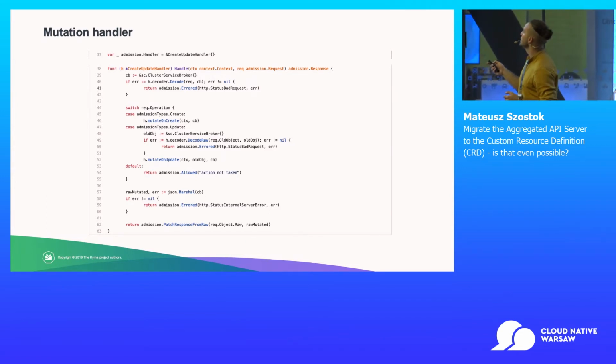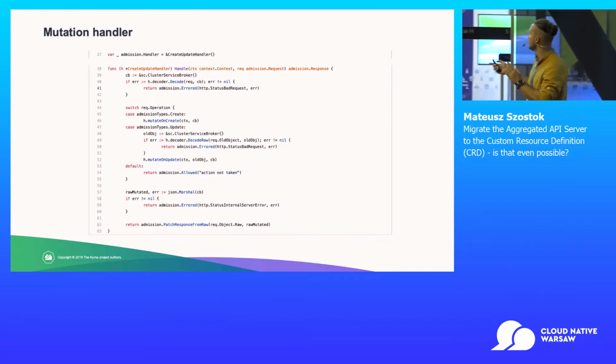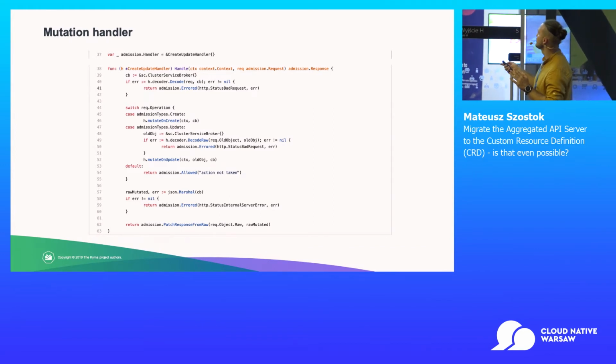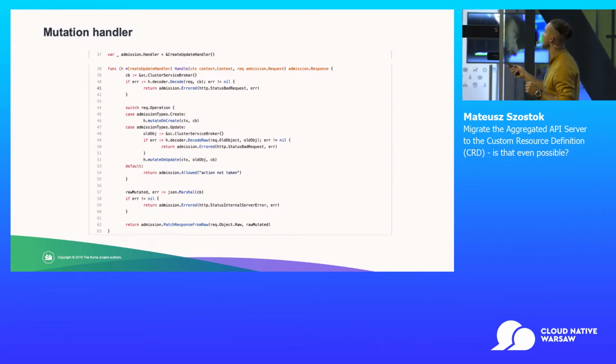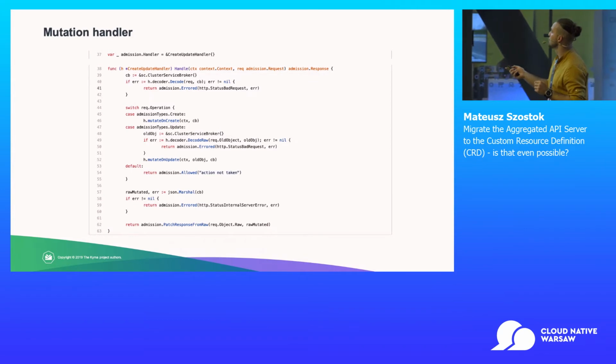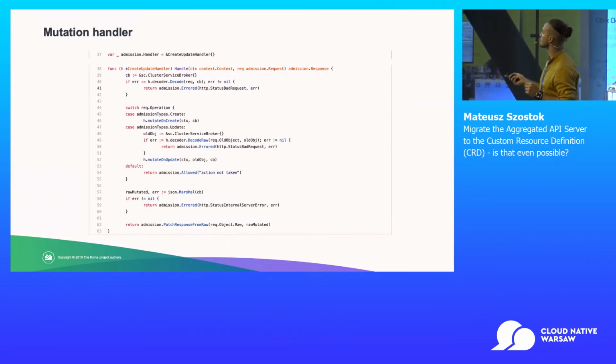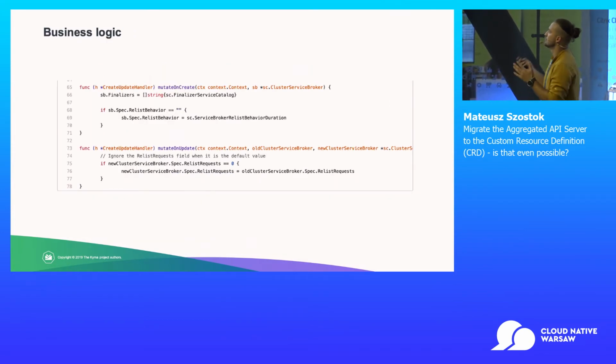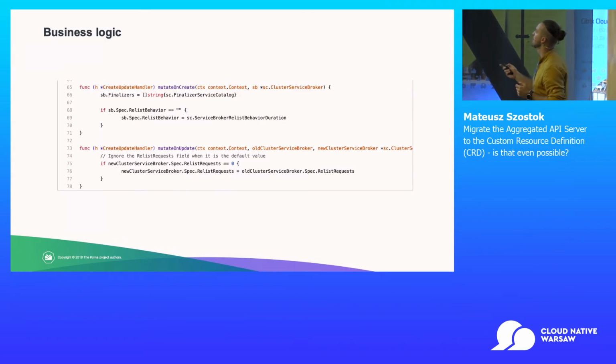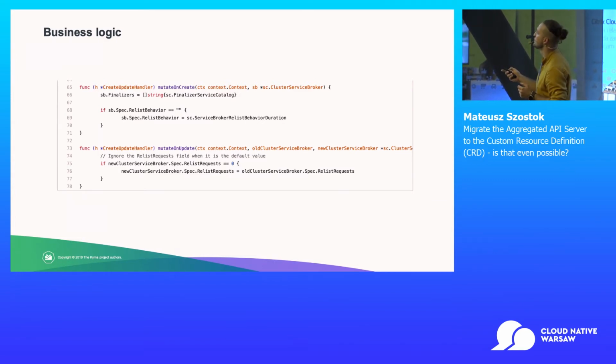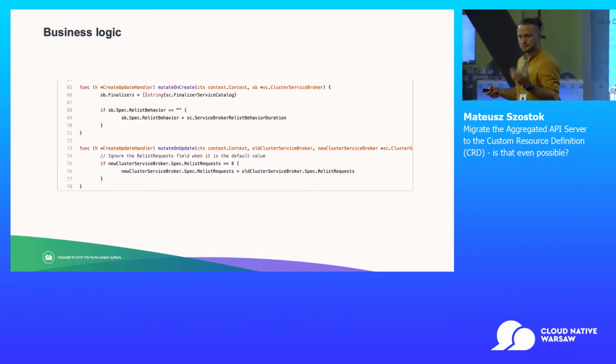Simple. In the admission request, you will have the body that you subscribe to. You can decode that. And you will also have the action, so you can act on mutate, on create, and on update. Mutation on creation is really simple. Basically, you already have your kind, so you can set some defaults or restore some other fields.